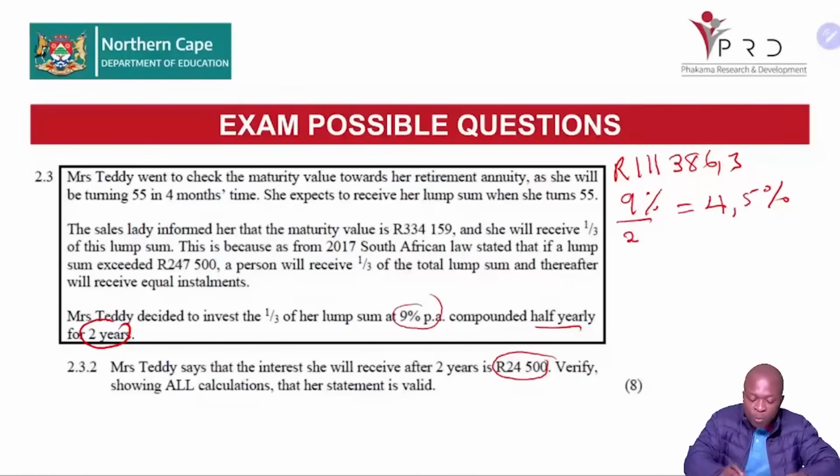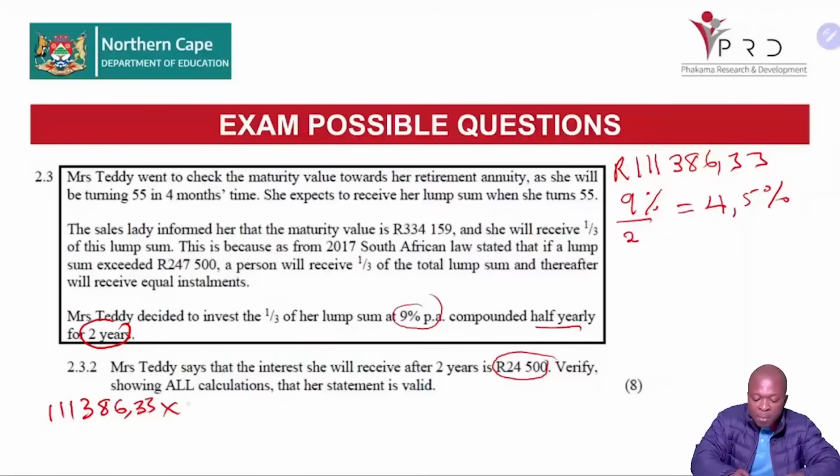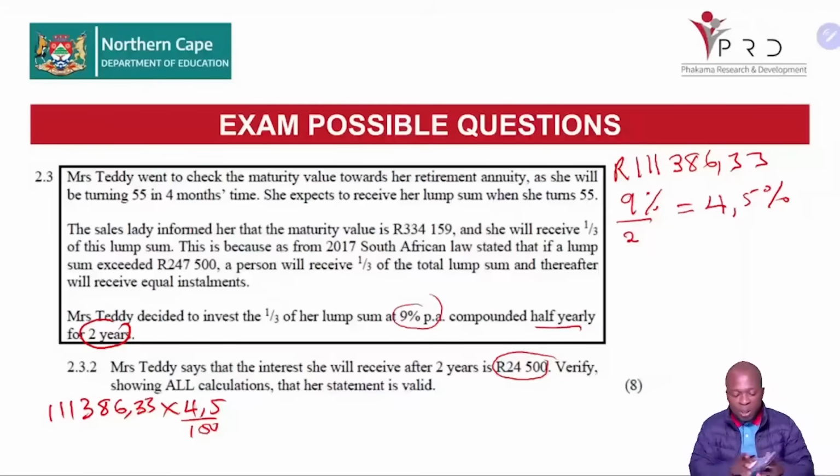Then what you do, you are going to take that 111,386.33. You times it by 4.5 over 100. Are you there with me? So then you press 111,386.33.